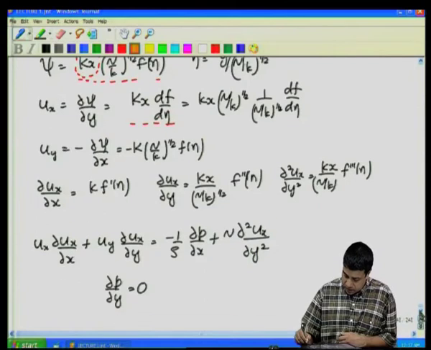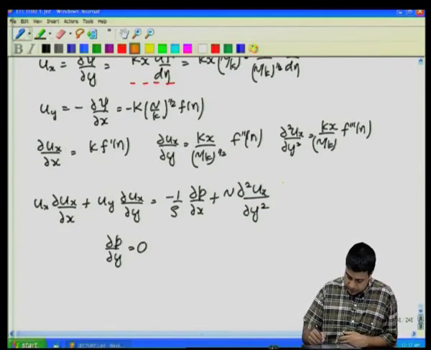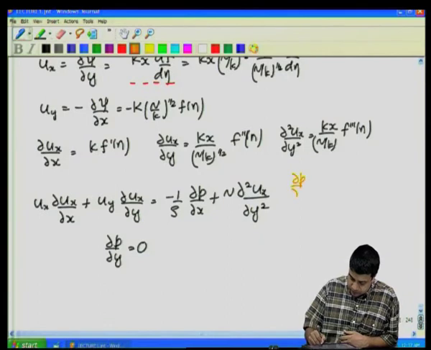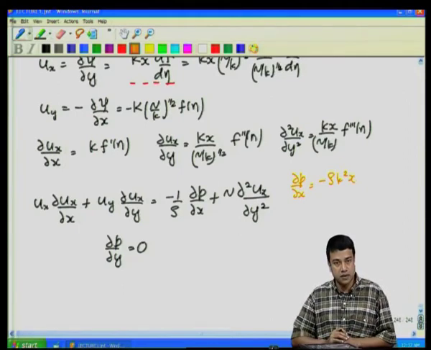So, I can substitute for partial P by partial x as minus rho k square x, and put that into the equation after substituting the values of the velocity, ux, uy and its gradients.